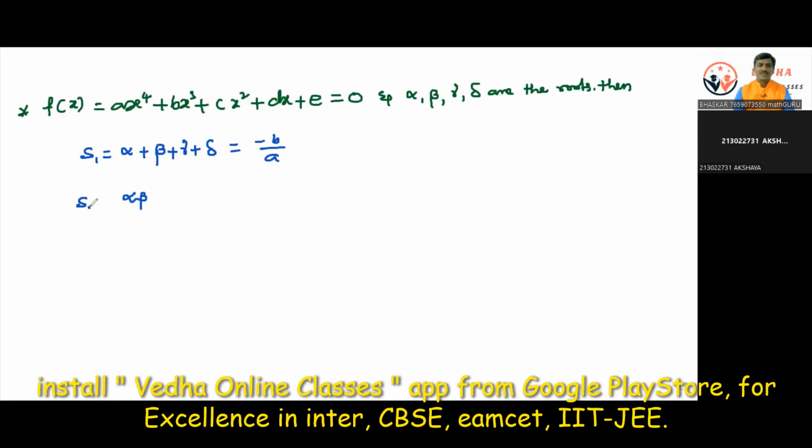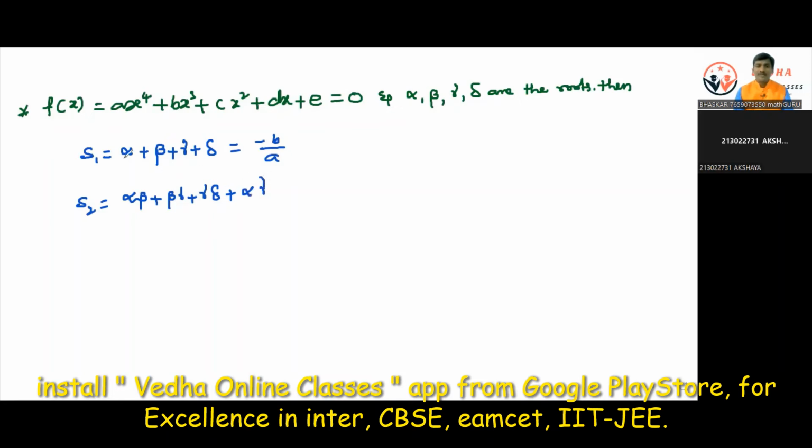Now S2 is the product of two roots, and after multiplying, we add them. Alpha beta plus beta gamma plus gamma delta plus alpha beta completed. Alpha gamma not completed.